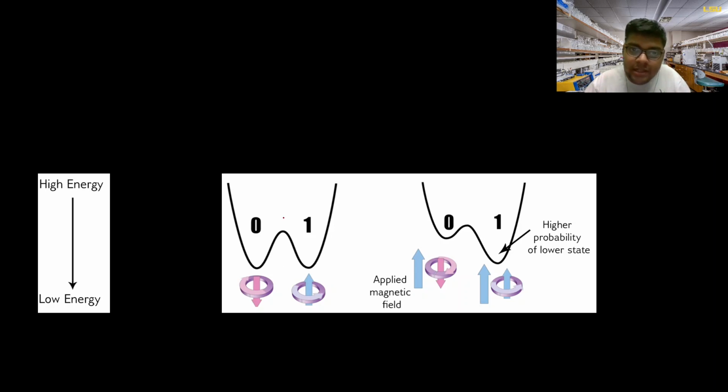In this picture, you can clearly see that initially both are lower energy states. The arrow shows the energy state: upwards it's higher, and downwards it's a low energy state. Initially both are on the same level, the 0 as well as 1. And note that the lowest energy state is the solution here.